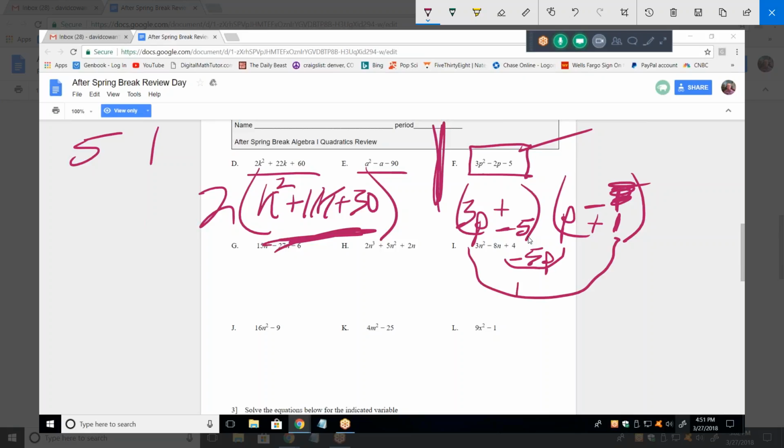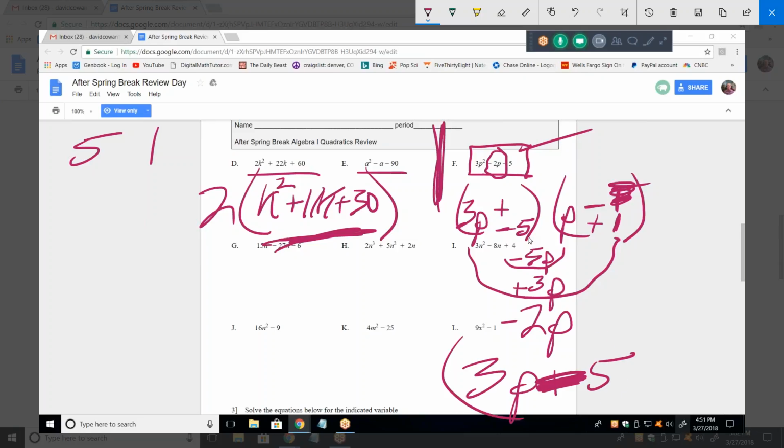That is plus 3p. Add them together, you get minus 2p. Bingo. That's our middle term. That's our answer. And the answer is not 3p plus or minus 5. It's 3p minus 5, excuse me, times p plus 1. So when you're doing these harder quadratics, the last two rules are a little different.